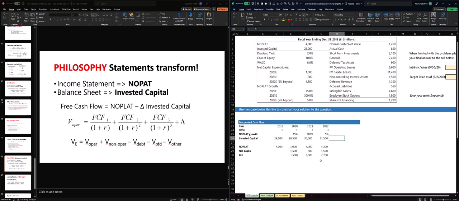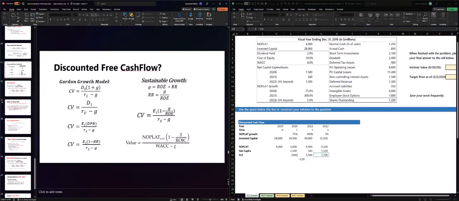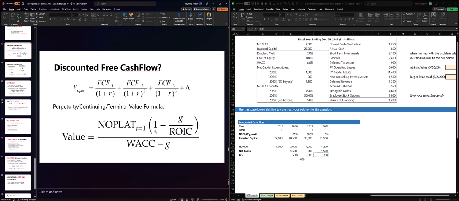What we need to do is take the continuing value. So let's find the continuing value formula from the presentation. It's this one right here.